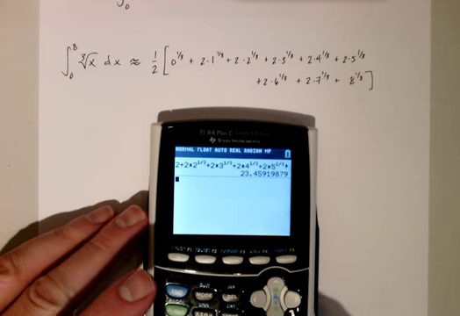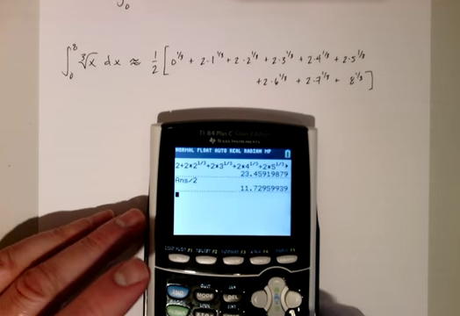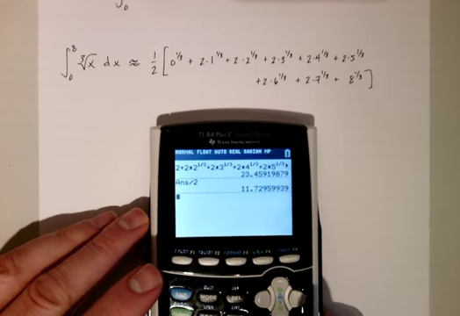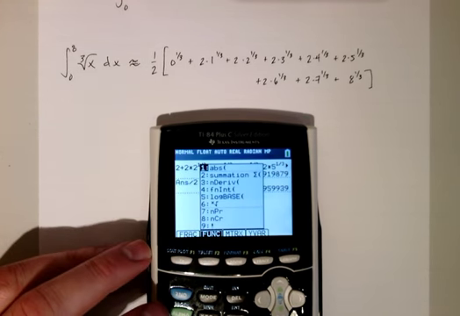Okay, and then we just have to divide that by 2. Now, how close of an approximation is that to the actual answer?